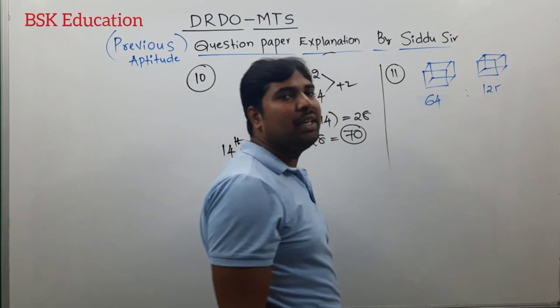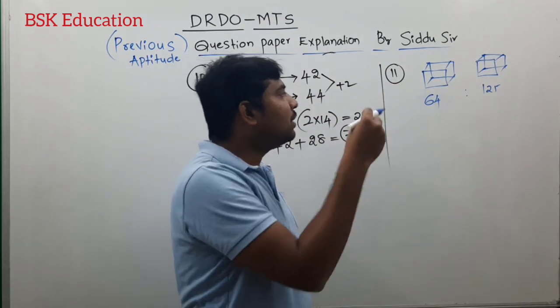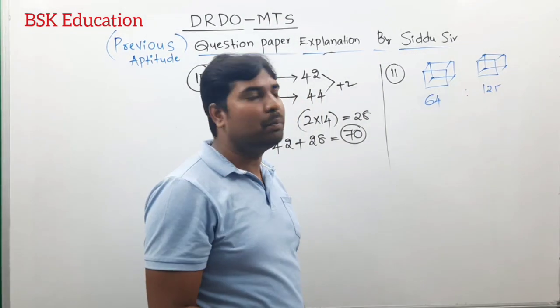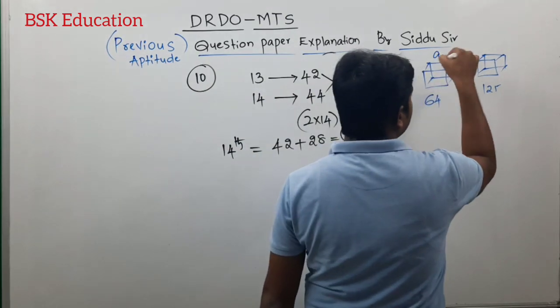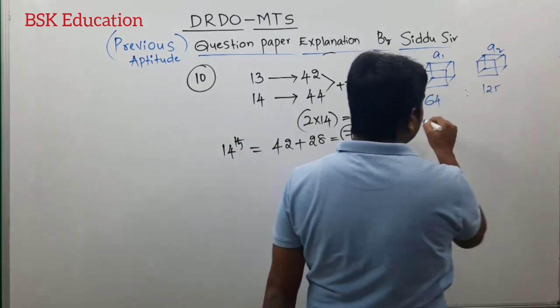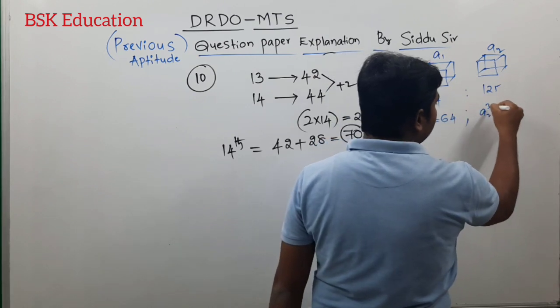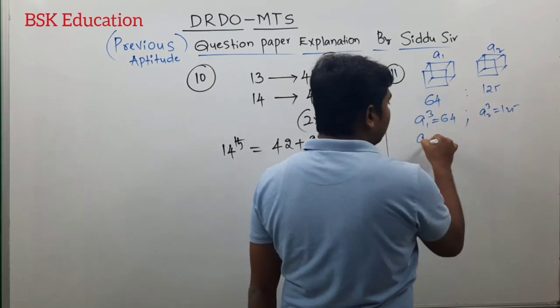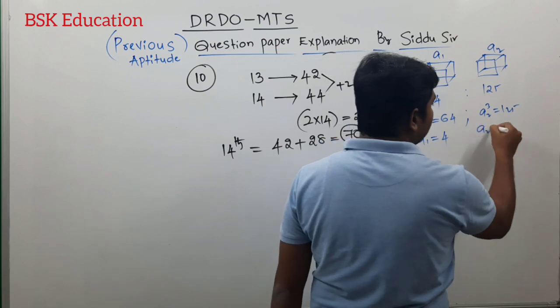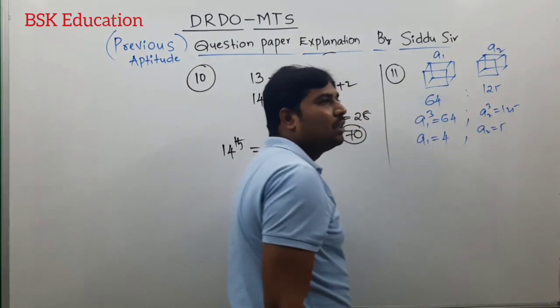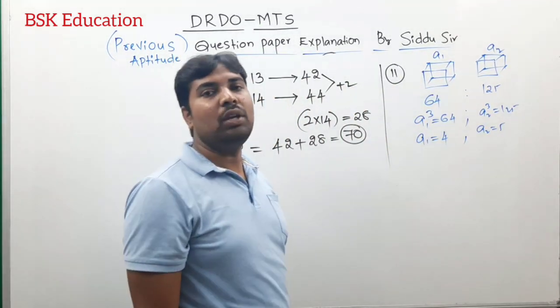Simple. You have to find the side of each cube. Take this as a1, this as a2. So a1 cube is equal to 64, a2 cube is equal to 125. Then a1 is equal to 4, a2 is equal to 5. Simple thing. But here it is asking the total surface area.